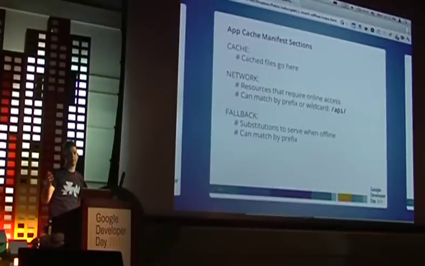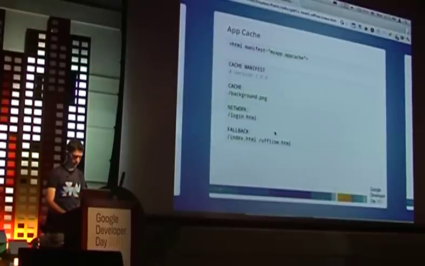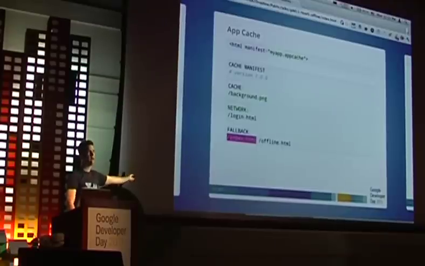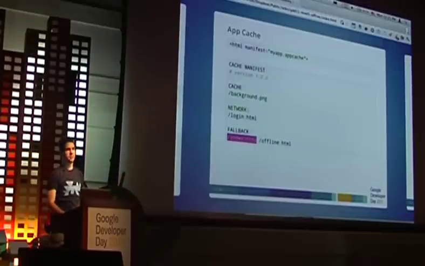Fallback is kind of interesting, where you can substitute in a new file. So basically, here where I have 2 files, this says, check to see if we're online and try and access index.html. If we're not online, just serve offline.html instead. And we'll just use that in its place. So it can kind of switch up which files depending on our online status.